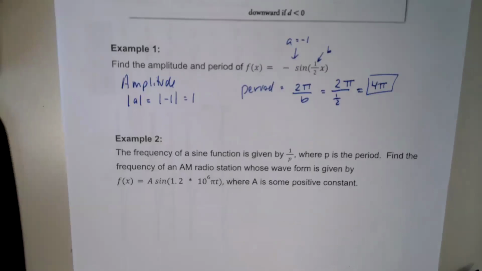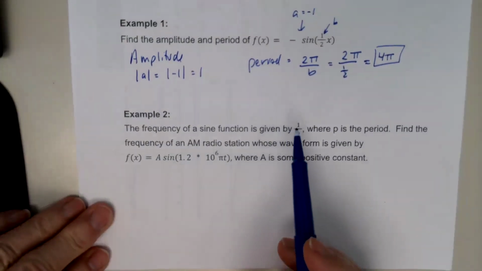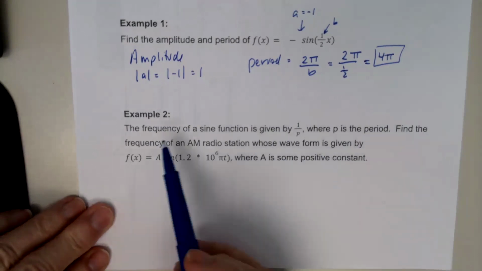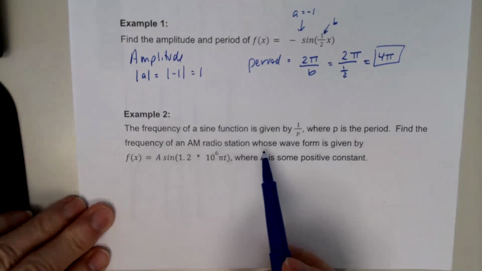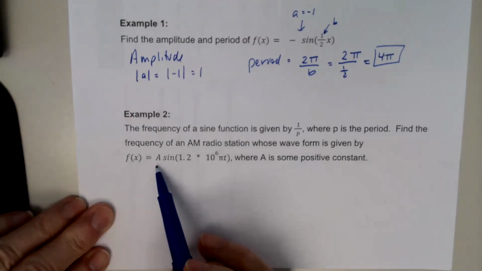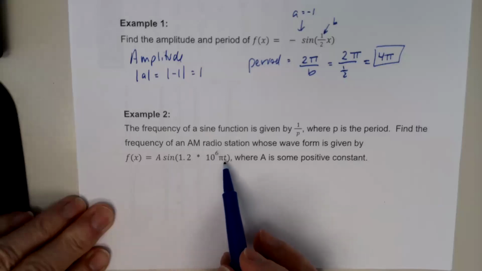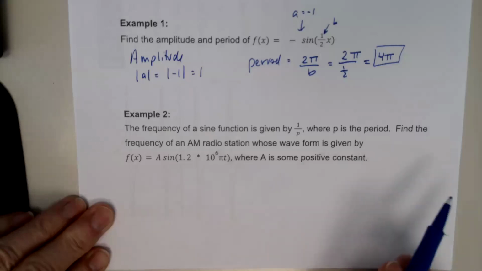And example 2 says the frequency of a sine function is given by 1 over p, where p is the period. Find the frequency of an AM radio station whose waveform is given by this function here: A times the sine of 1.2 times 10 to the 6 π t, where A is some positive constant.